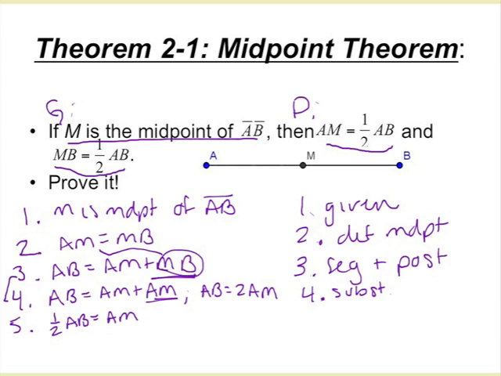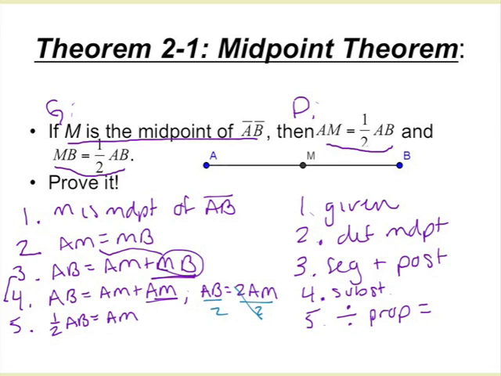In algebra, what we just did was divide. We did our division property of equality, dividing both sides of this last equation by 2 to turn that into a 1/2 on that left side. So that's half of what we're trying to prove. That's the first thing we're trying to prove.